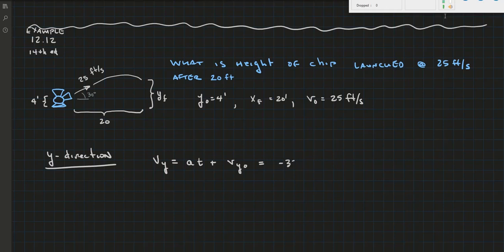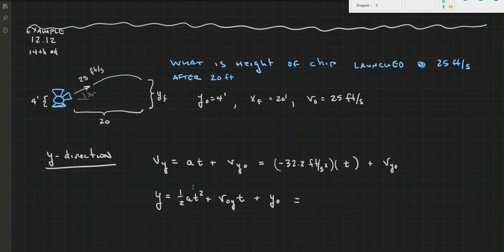So we're looking at minus 32.2 feet per second squared times time plus velocity y0, and if we integrate that, we're going to end up with y equals 1/2 a t squared plus vy, initial velocity in the y direction, times t, plus our initial displacement y0.